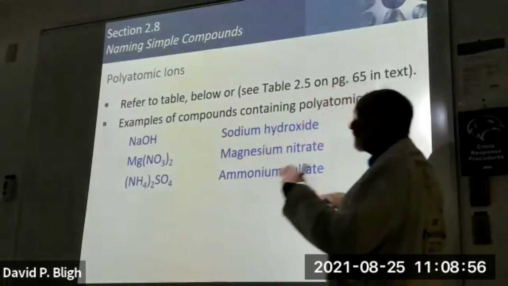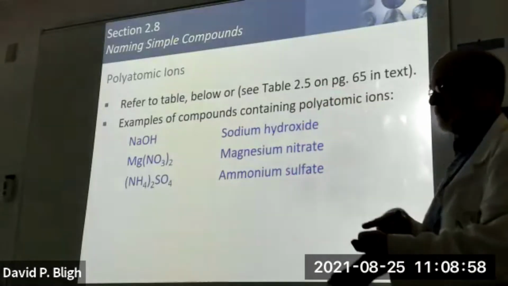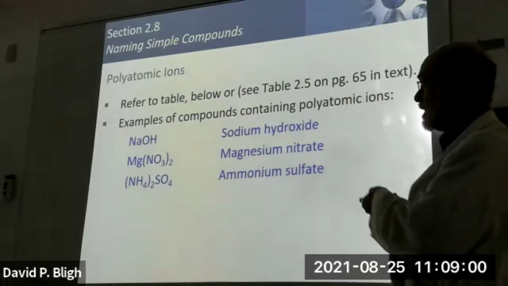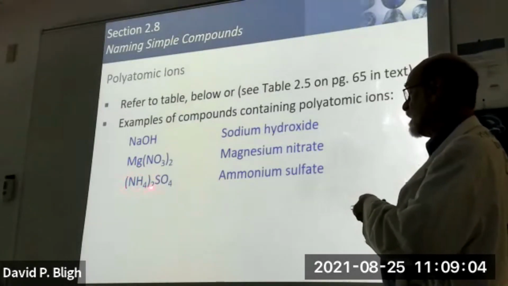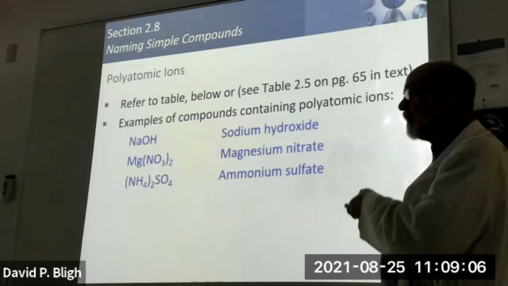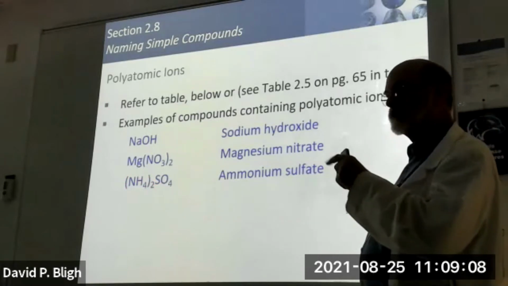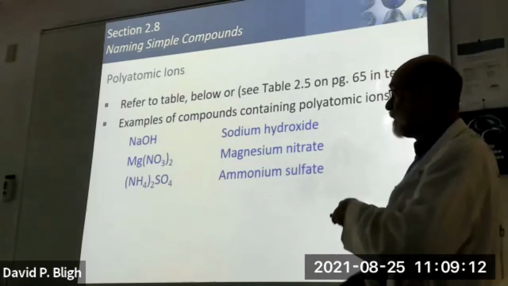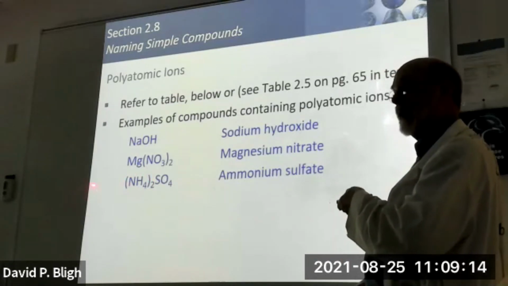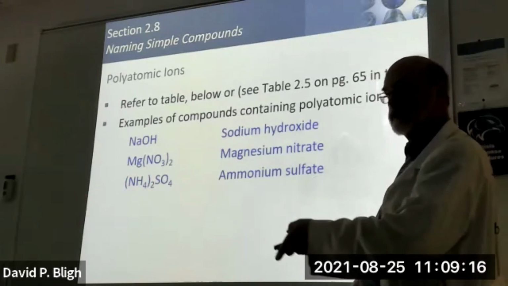And polyatomics can be part of a type 1 or a type 2. This is going to be a type 1, right? Because ammonium is a +1 charge only, nothing else ever. So since it occupies the cation position, it fits into type 1.